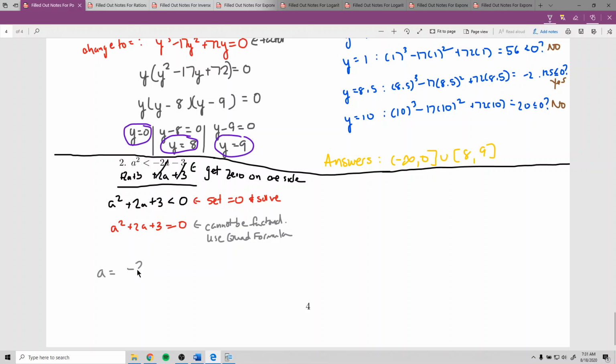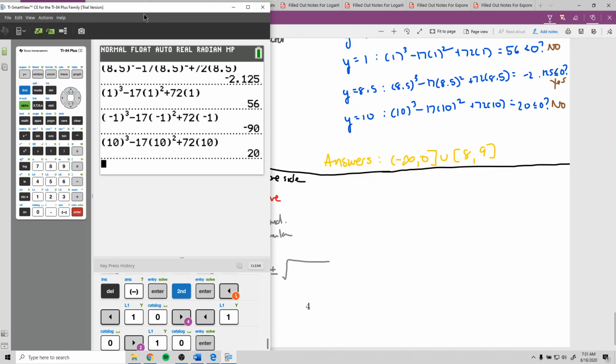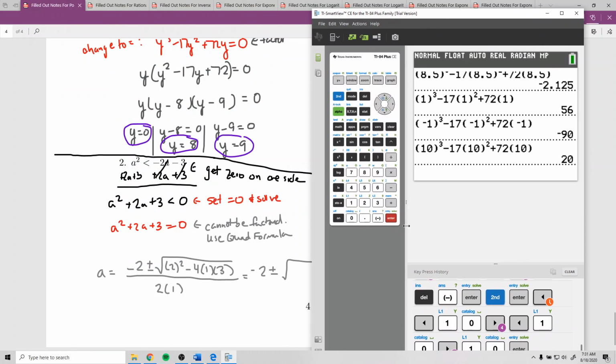B is 2 plus or minus the square root of 2 squared minus 4 times a, which is 1, times c, which is 3, all over 2 times a, which is 1. And we know what we like to do is simplify the inside of the square root and then go from there. Even though these numbers are kind of small, let's just do it in the calculator real quick.